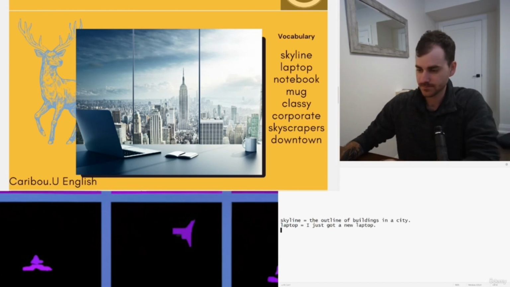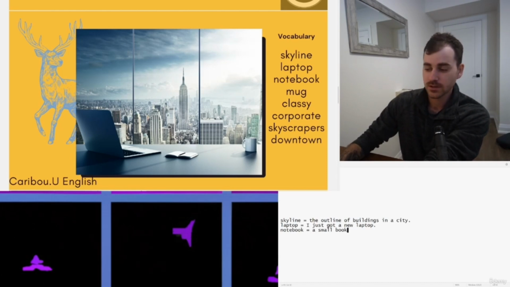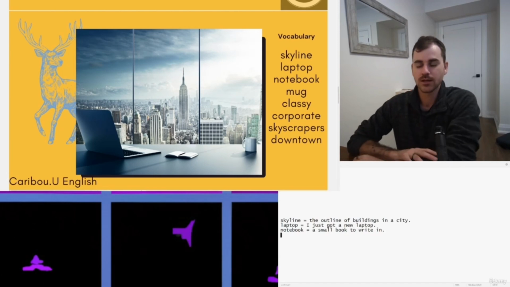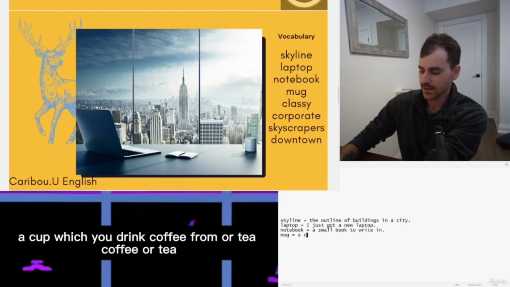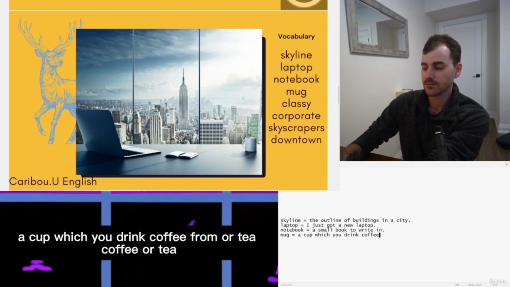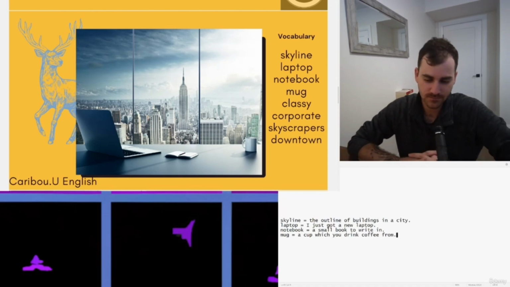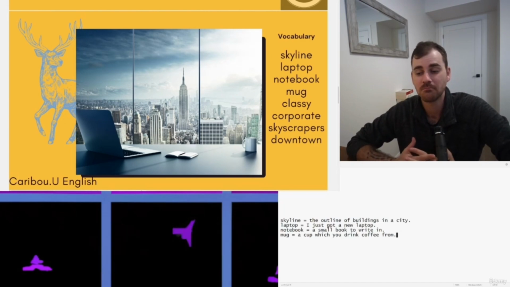Notebook. It's a small book to write in. Notebook. Mug. A cup which you drink coffee from. Or tea. Coffee or tea. So you can often say, can I have a mug of coffee?